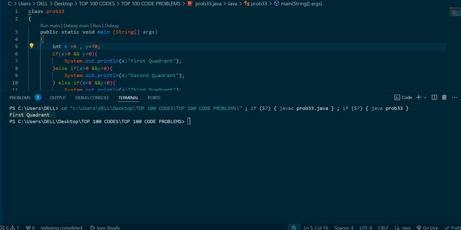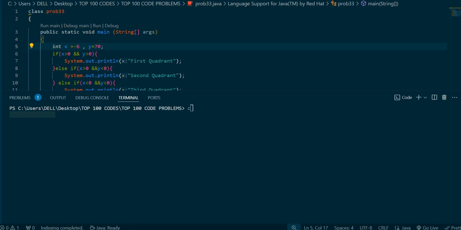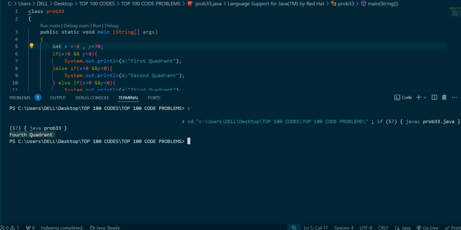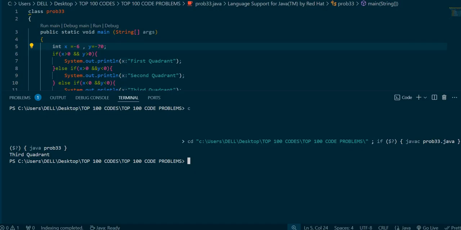If I take x as a negative value and run it again, I get the fourth quadrant, because x has a negative value and y has a positive value. If I take y with a negative value, I'll get the third quadrant, where both coordinates have negative values.